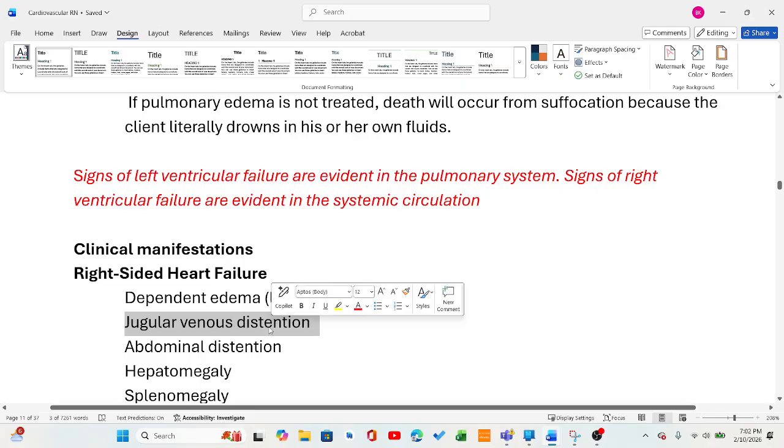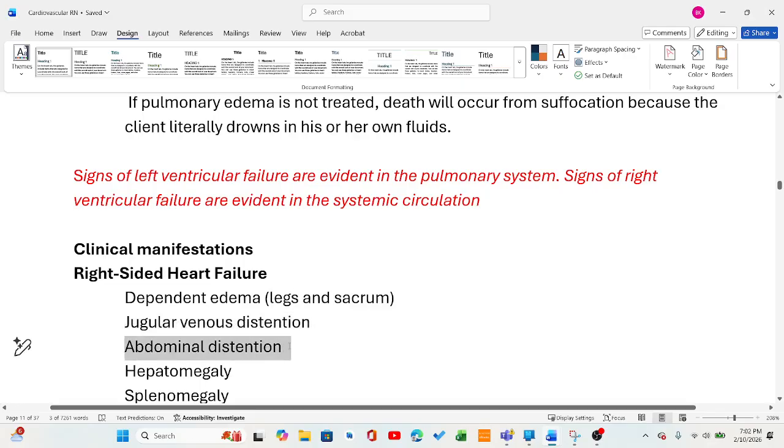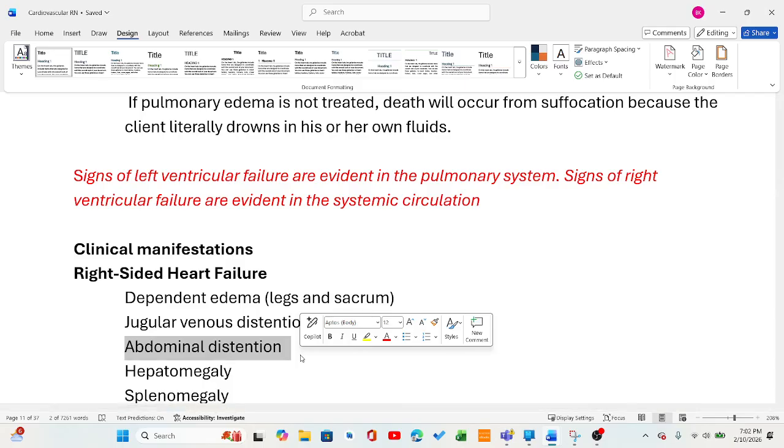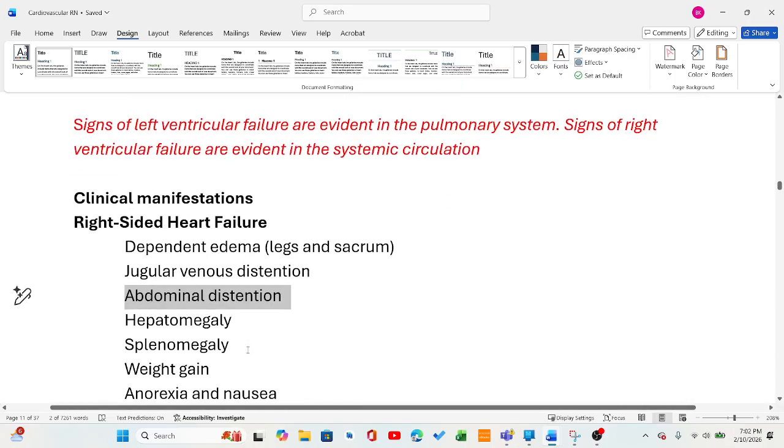Again, abdominal distension, because the liver will not be able to bring its blood to the right side of the heart. So you're having a liver failure. So in this case, the doctor will be ordering labs for liver failure. To monitor liver failure, you'll be talking about ALT, AST, bilirubin, and also albumin levels. Now, with a heart failure, this is where we have what we call hepatomegaly.